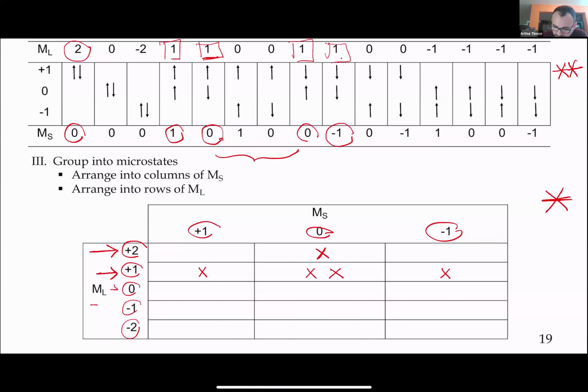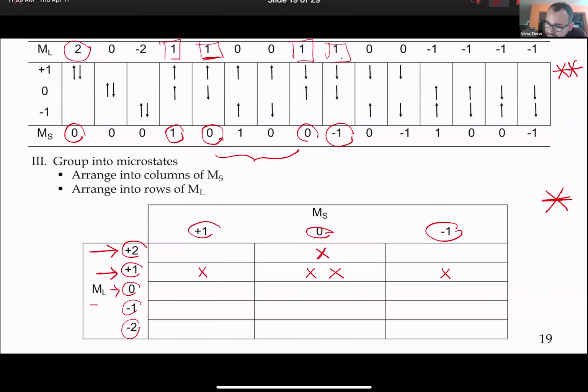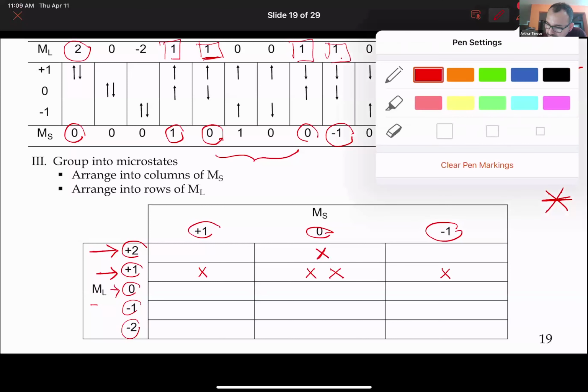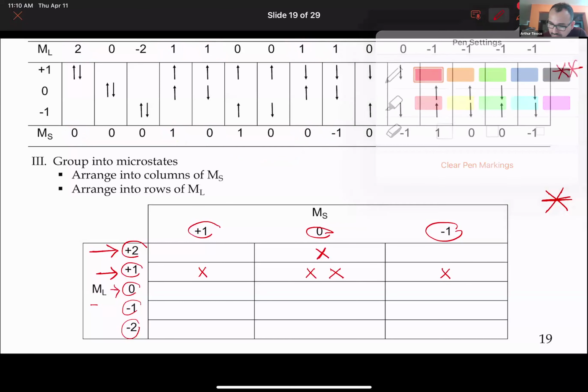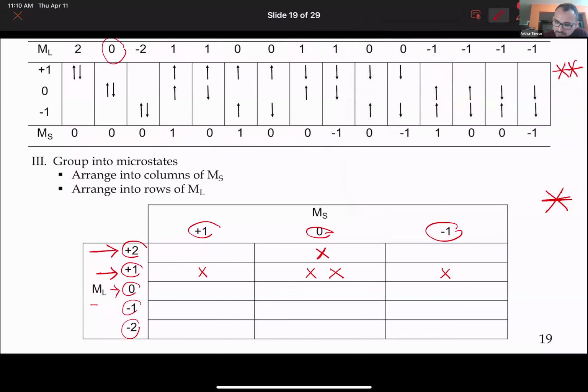Then we go into m sub l of 0, and again, I look for all the zeros. I'm going to look at the zeros for m sub l. Okay, that's what we have. So I focus on m sub l of 0. Do we have any m sub s of 1?